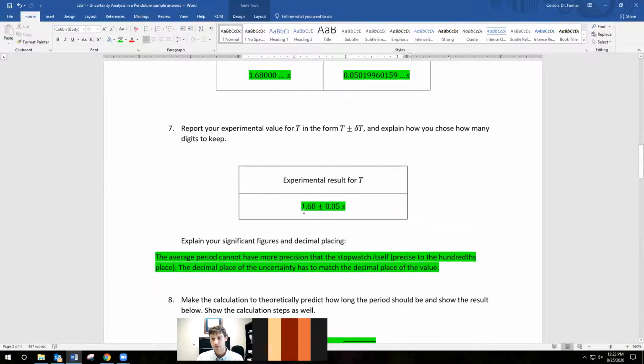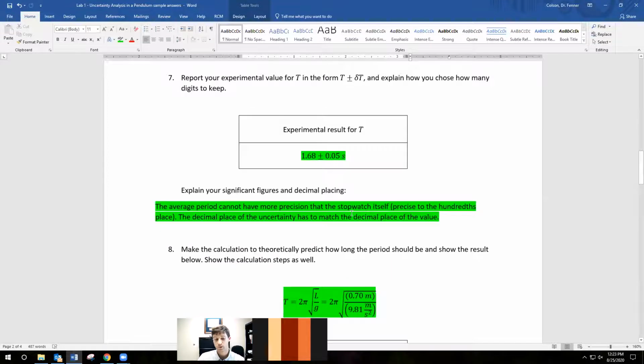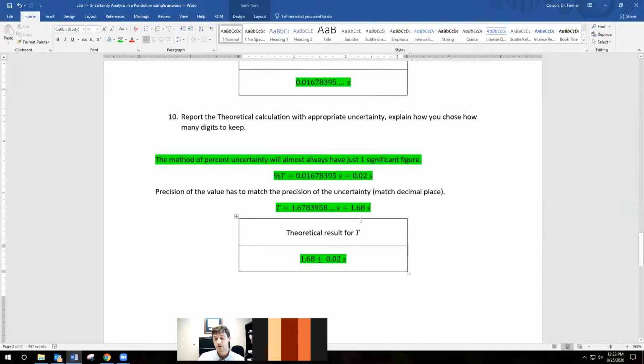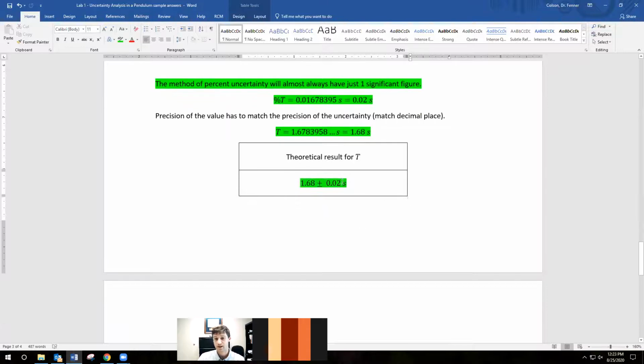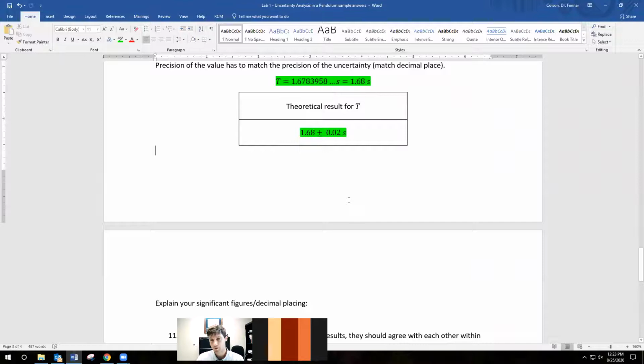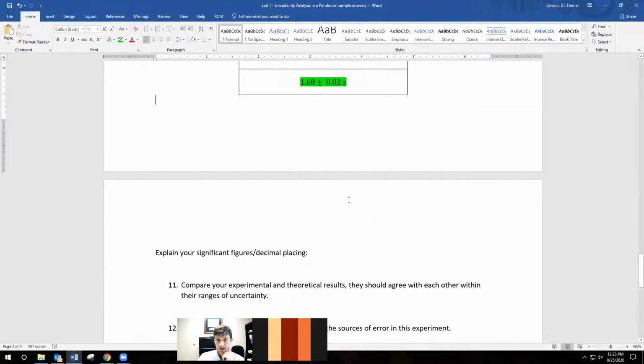So we have 1.68 plus or minus 0.05 for the experimental result. Our experimental result is the result itself plus the corresponding uncertainty, and that's the experiment, and then the theory is 1.68 plus or minus 0.02. And so we do in fact find that they do compare.